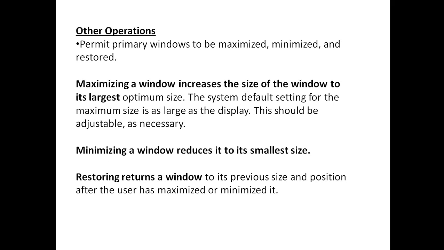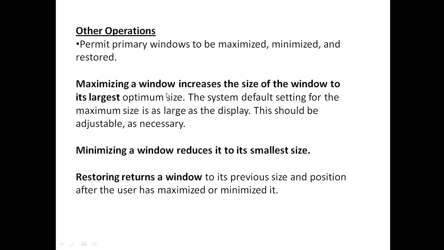What other operations are we performing? We need to permit the end user to perform certain operations, especially on a primary window. Permit primary windows to be maximized, minimized and restored.